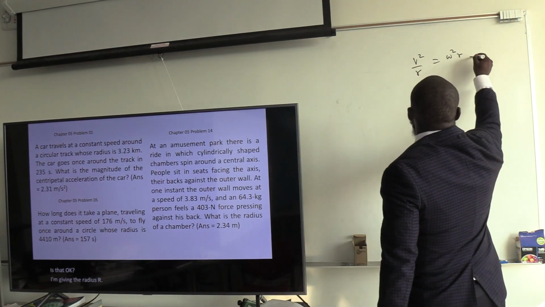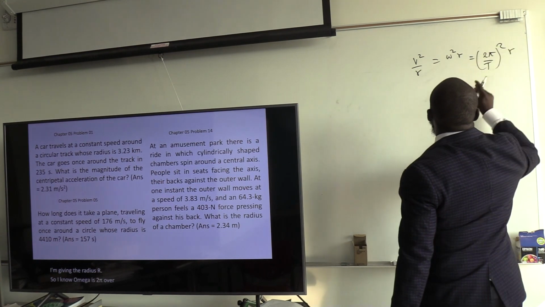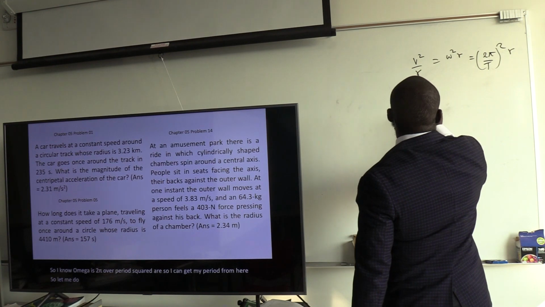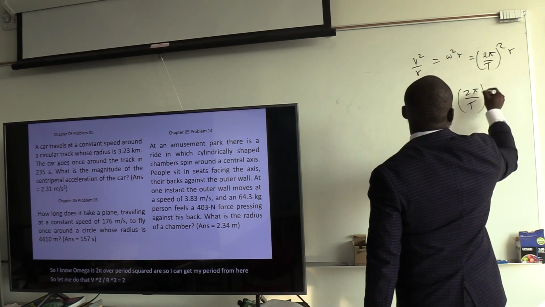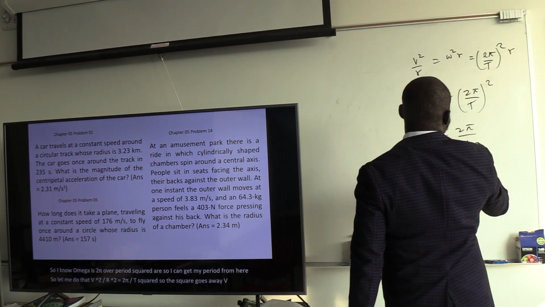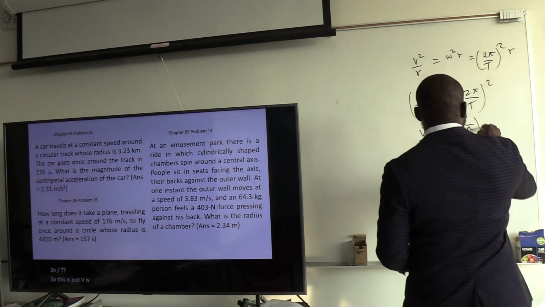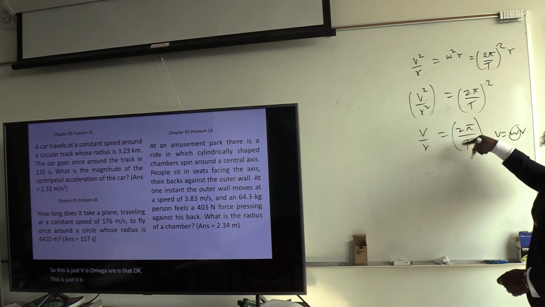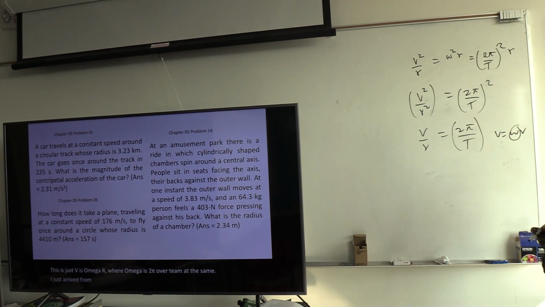I know omega is 2 pi over period, so I can get my period from here. v squared over r squared equals 2 pi over T squared. The square goes away, so v over r is 2 pi over T. This is just v is omega r, where omega is 2 pi over T. It's the same, I just derived it a different way.